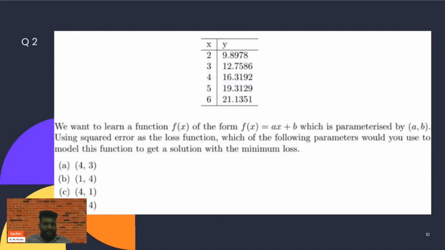Also, I can open it up for your writing purposes as well. Just wait, I'll share my screen, because I'm not able to show it over here.